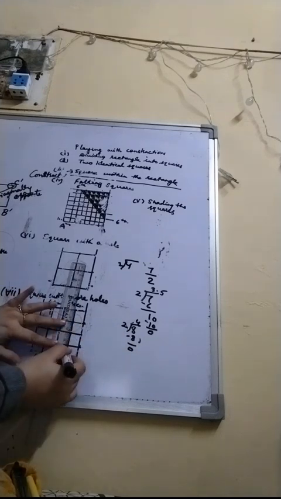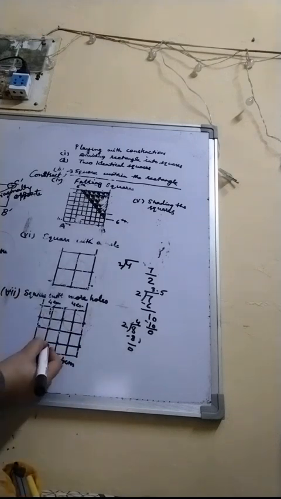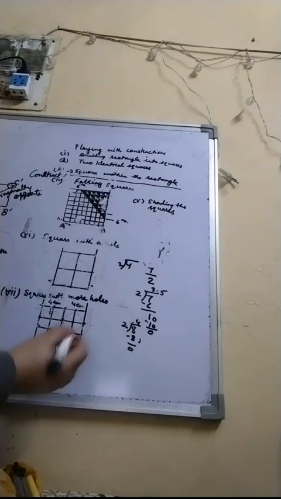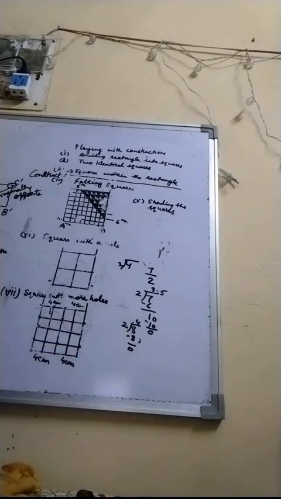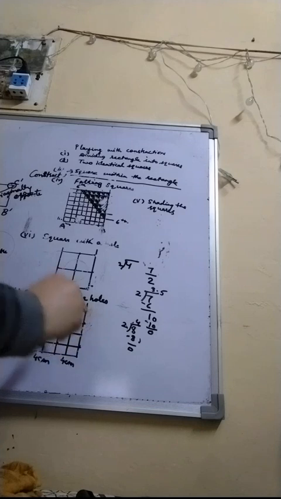So each part is further divided. Now we get the center, and from the center we would draw the circle or the hole. So in this manner we would get the holes.